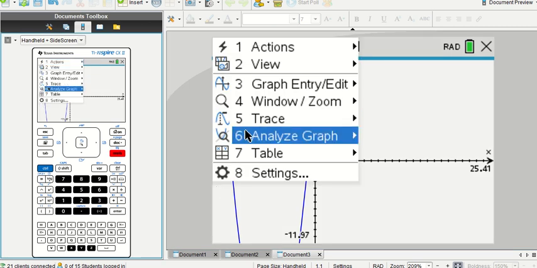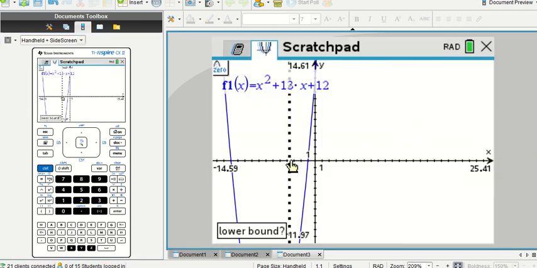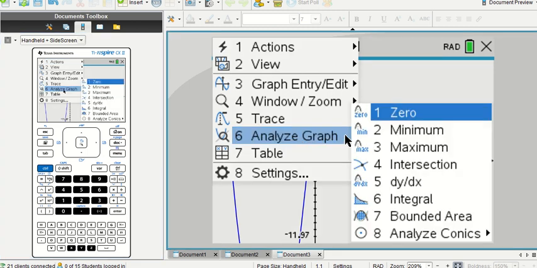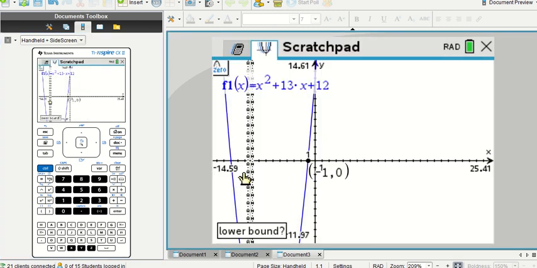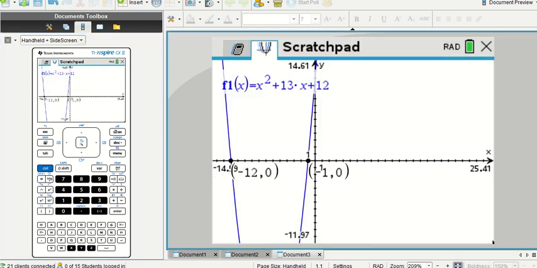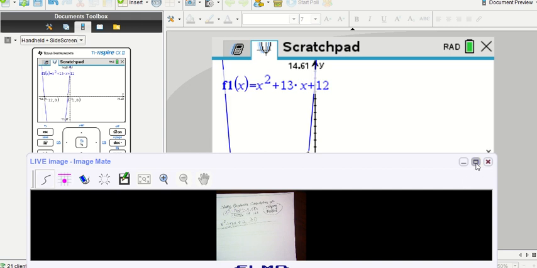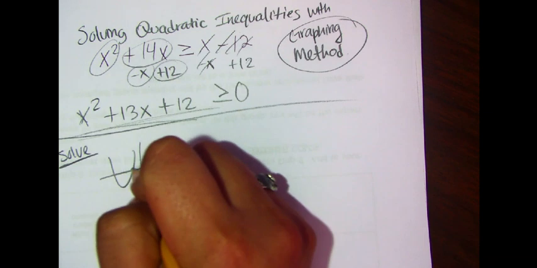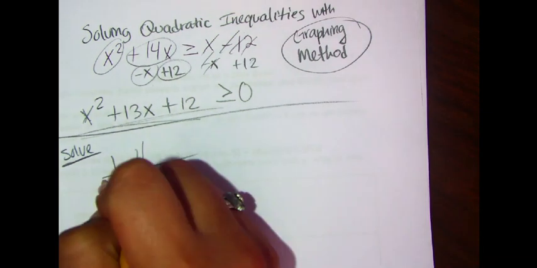We're going to find the zeros, analyze the 0 right there. So that's -1. And analyze the 0 over here. That's -12. So that will be your second step, solving, which we found out it was touching at -1 and -12.